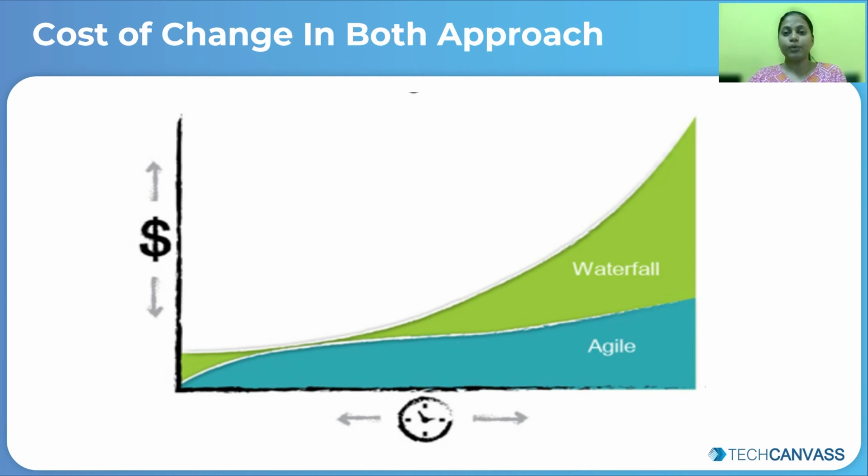Now let's understand the cost of change in both approaches. From the graph you can see that in the case of waterfall, there is a huge impact on the cost when a change is made. If the change is made at the beginning of the project, the cost is pretty low.